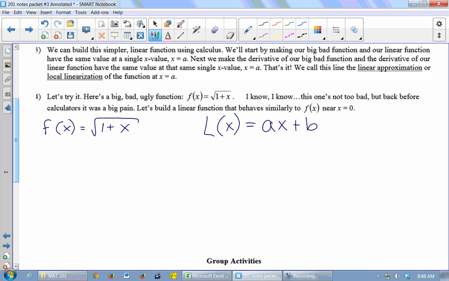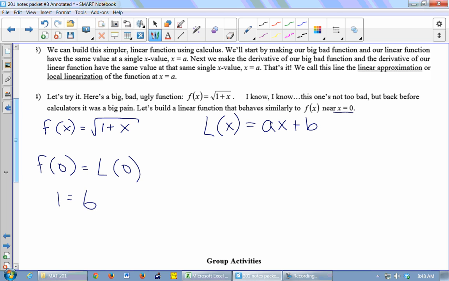All right, so I need my two functions to have the exact same value at 0, right? If I'm trying to approximate f of x with L of x near 0, let's make sure they are exactly the same at 0. Okay, so I need f of 0 to equal L of 0. So what is f of 0? 1. And what is L of 0?